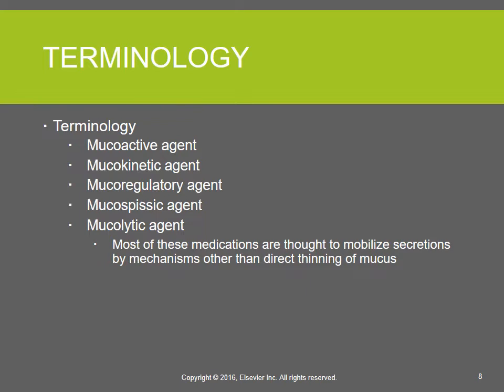Mucospecific agents increase the viscosity of the secretions and may be effective in therapy of bronchorrhea. A mucolytic agent: most of these medications are thought to mobilize secretions by mechanisms other than direct thinning of the mucus. They break disulfide bonds or break down proteinaceous components in the secretions.